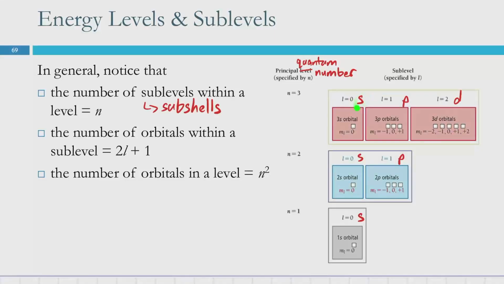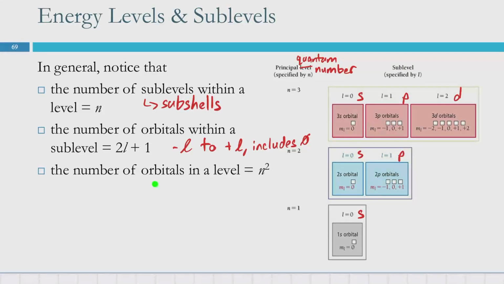And within each of these subshells, the number of orbitals, the number of different possible shapes, is 2L plus 1, because it goes from negative L to positive L, and this includes the value 0. And the total number of orbitals in a level is also equal to n squared.